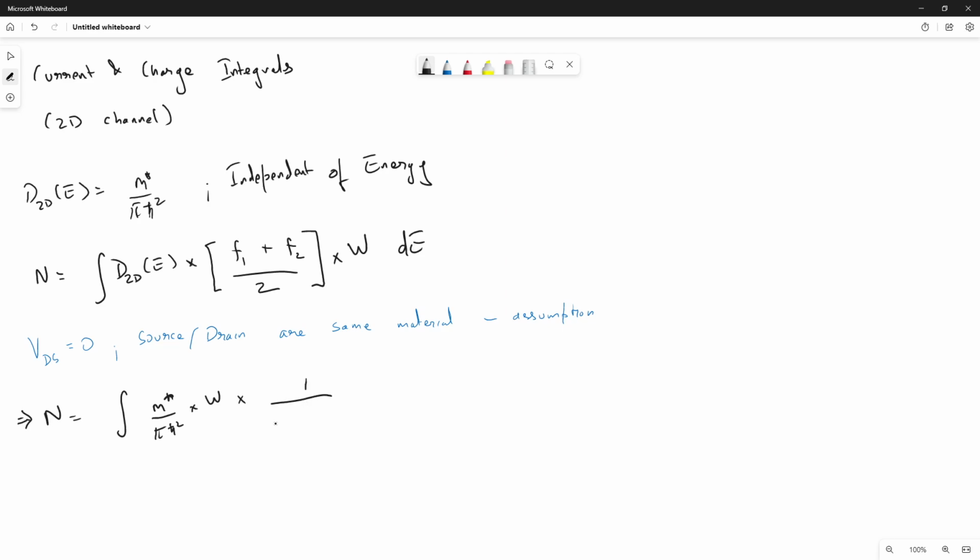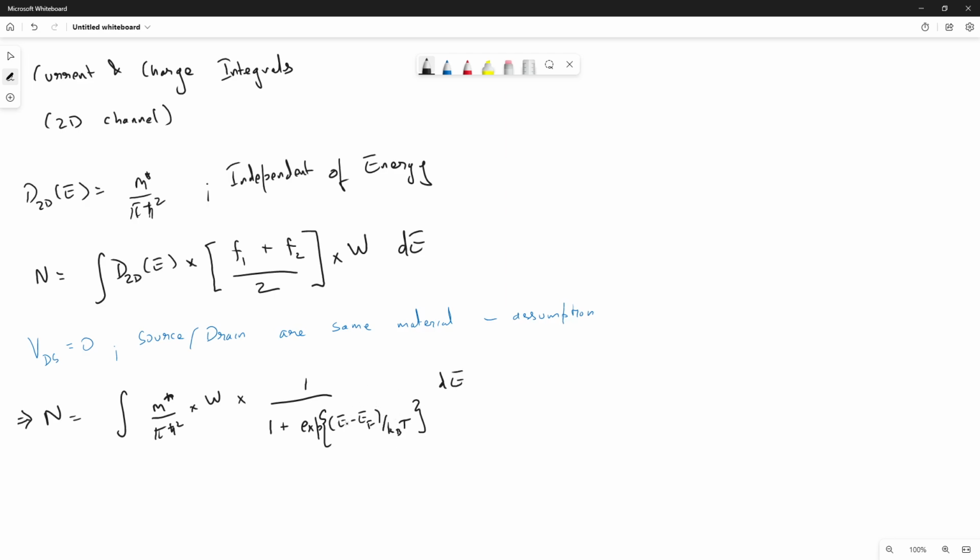So this is 1 divided by 1 plus exponential of (E minus EF) upon kBT, correct? Times dE, of course, it's an integral.